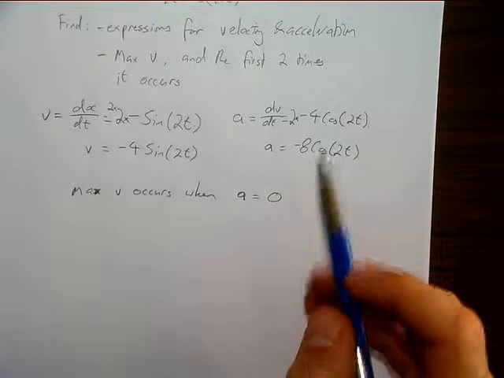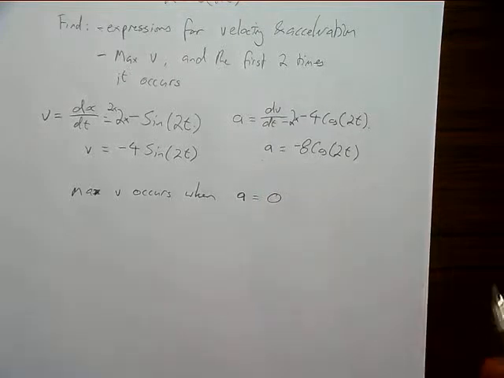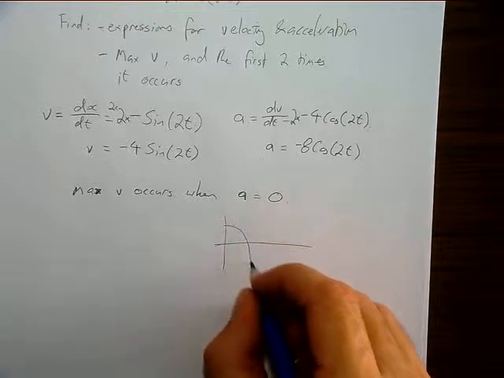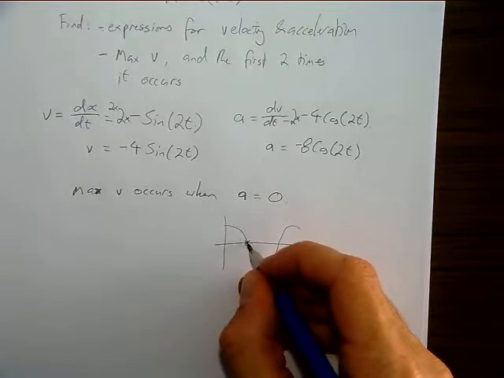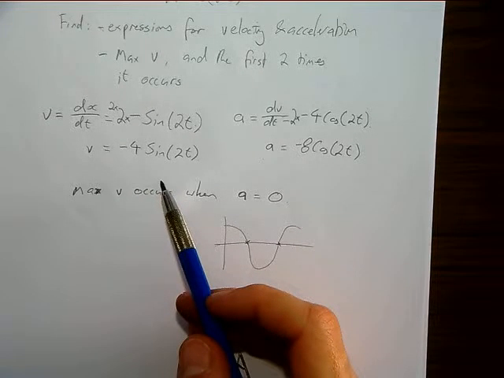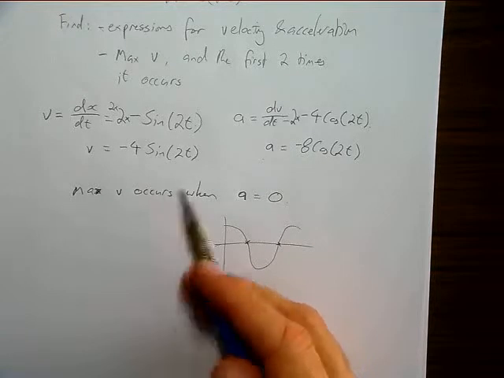What sort of function is a? It's a cos function, so it's going to look like this. If I find these 2 values, are they both going to be maximums for my velocity? No. What's one of them going to be? A min.